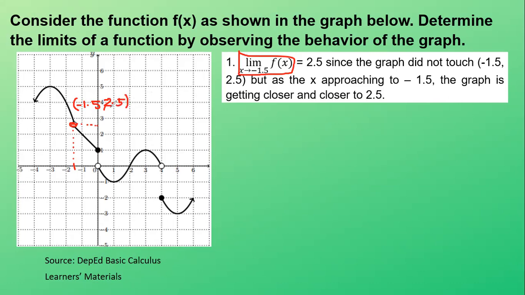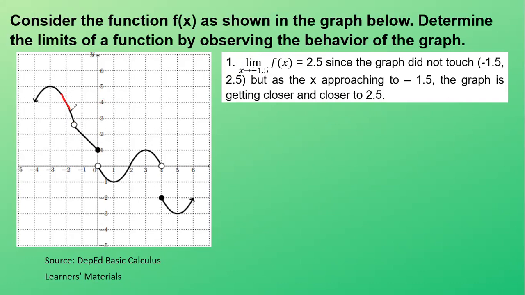Okay? So si y coordinate na yung ating limit. Okay? So kaya 2.5 po yung sagot dito. So limit of f of x as x approaches negative 1.5 is equal to 2.5.